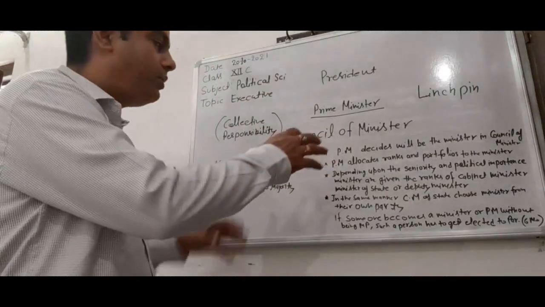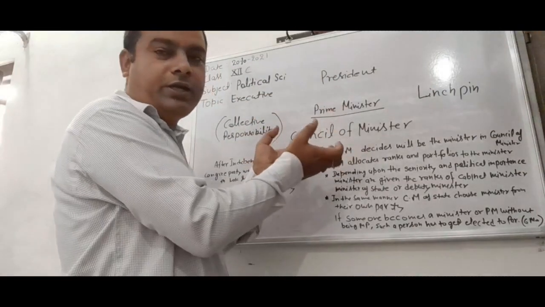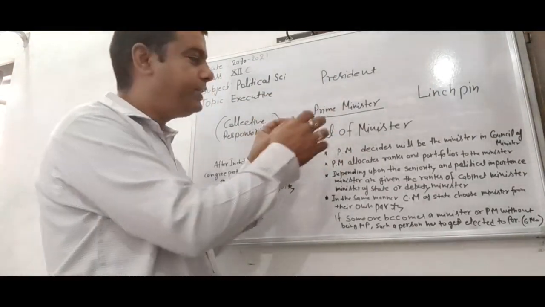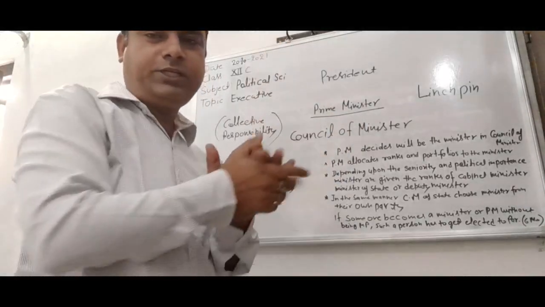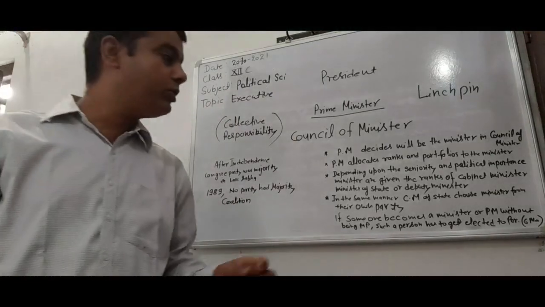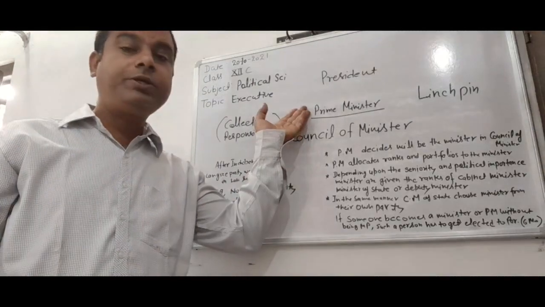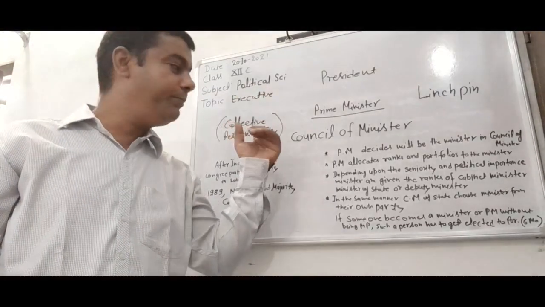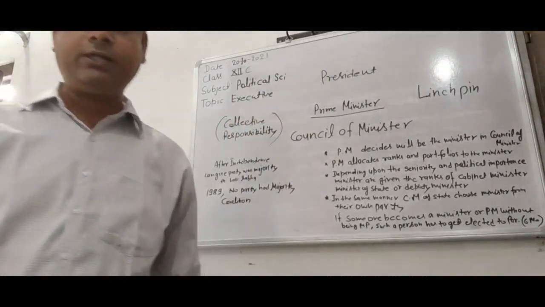Means all the working, their decisions, their planning, their important things will be informed by the Prime Minister to the President, class. And class, it is the constitutional obligation of the Prime Minister to inform the President of all the important matters and decisions of the Council of Ministers, class.